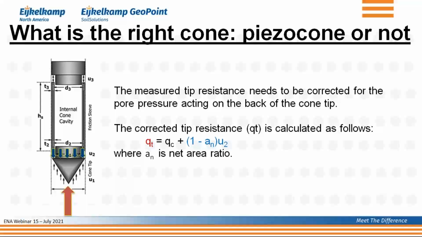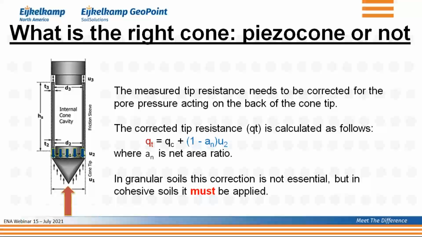And therefore, what is happening is that what you are measuring, q_c, is not really the corrected tip resistance, the actual tip resistance that is indicated by the red arrow. Because I need to correct something on it that is based on the pore water pressure value.